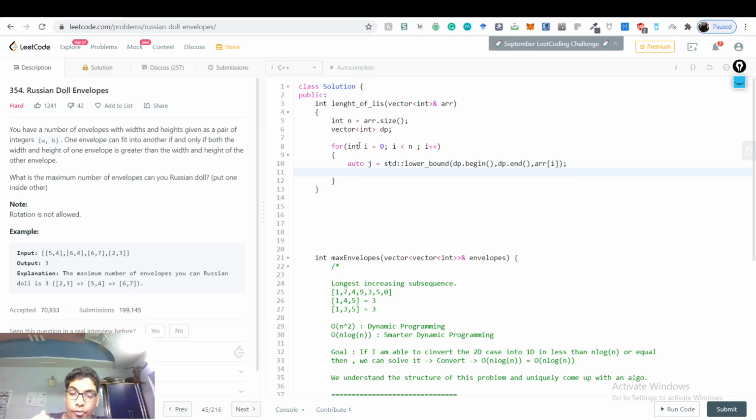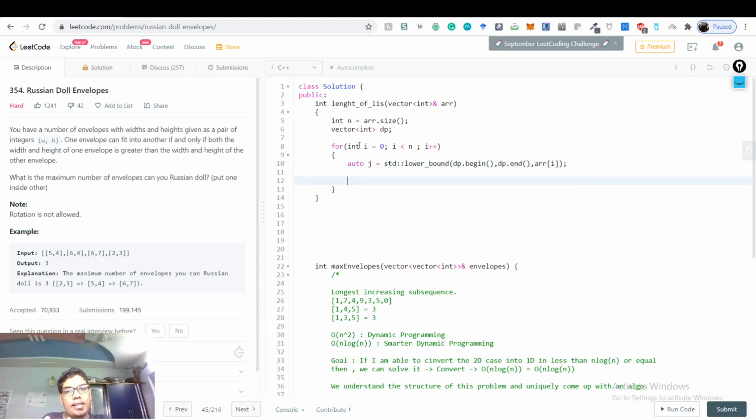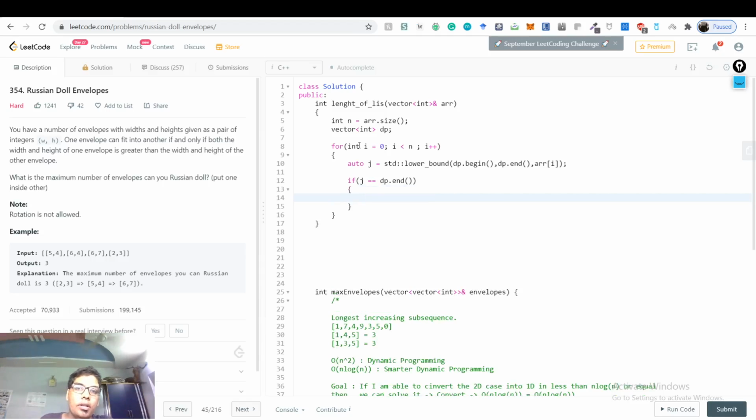Once we know where we want to place it, if it's actually at the end, so if j is equal to dp dot end, then we want to push it back. We cannot place it after the end without creating something.